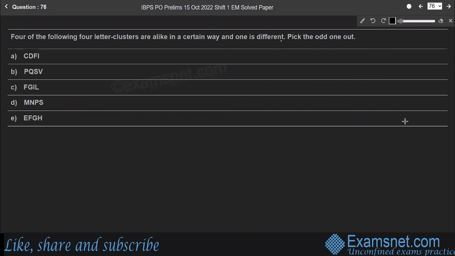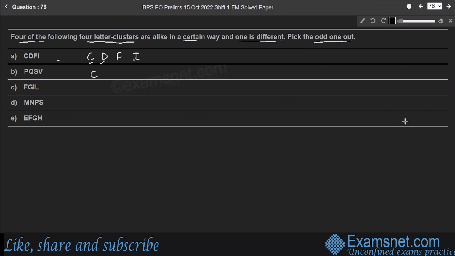Question 76. 4 of the following 4-letter clusters are alike in a certain way and one is different. Pick the odd one out. Here the first letter cluster is C, D, F, I. Here the first and second letters are consecutive letters, right?